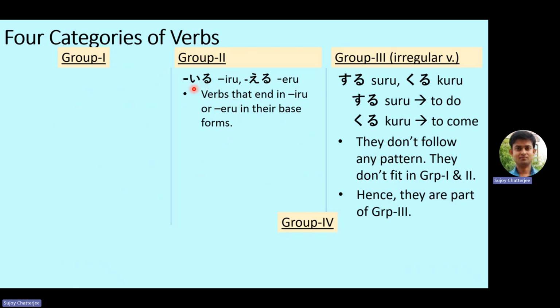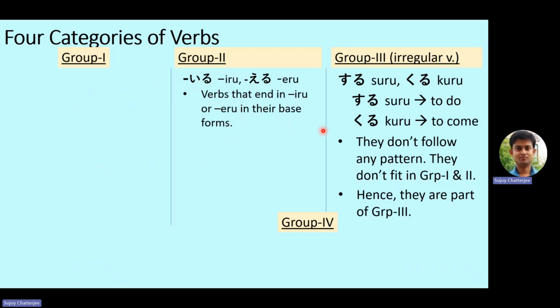If we write in Japanese, these may not be clear, because the vowels get hidden in the consonant, since Japanese has separate symbols for separate sounds, unlike English or other languages where vowels can be distinctly identified. If we write in Romaji, it is more clear. So verbs that end in IRU or ERU in their base forms are the group 2 verbs.